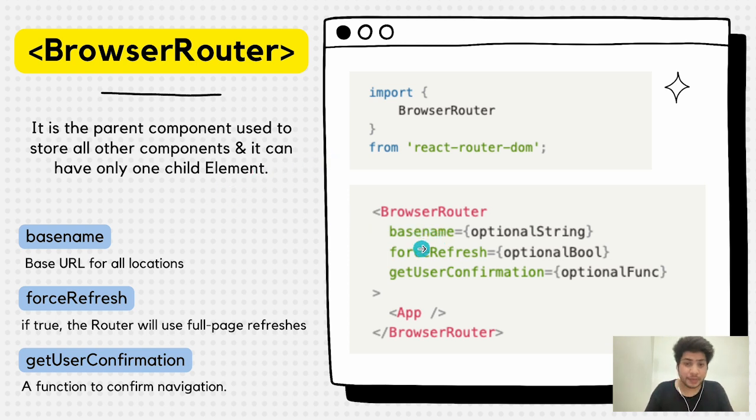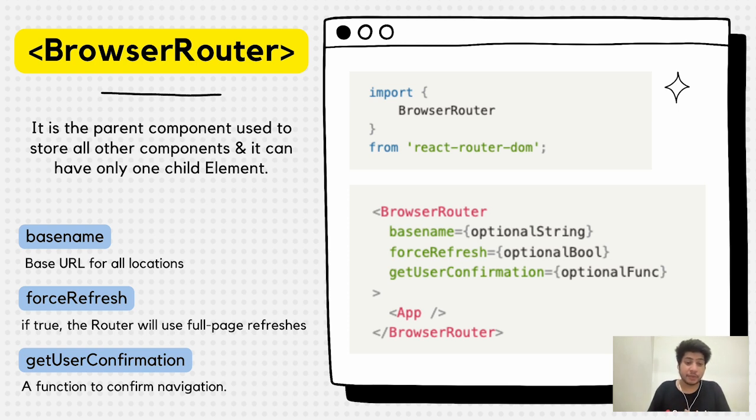There are some props you can pass to the BrowserRouter: the base URL for all the locations, from which location your location should start. And forceRefresh: if you pass it as true, it will behave as if you are doing server side routing, and on every route change there's a full refresh.